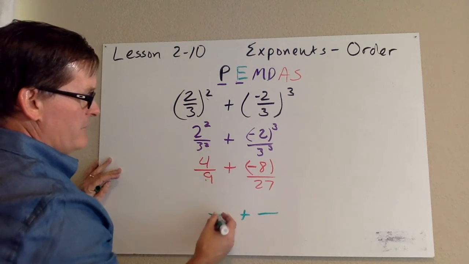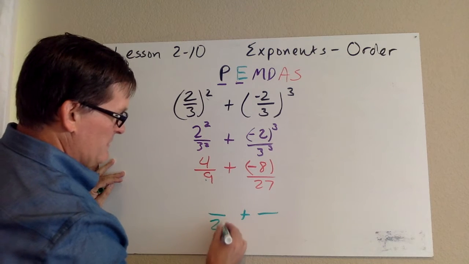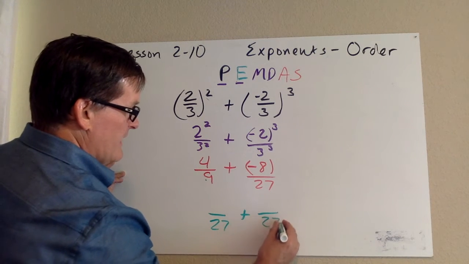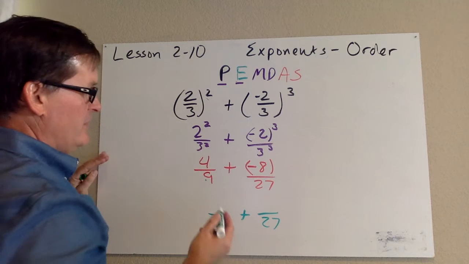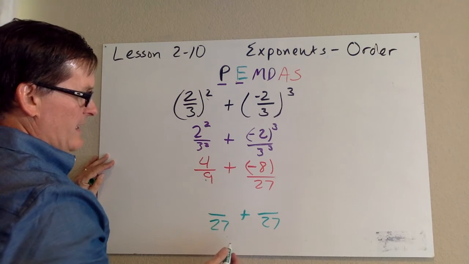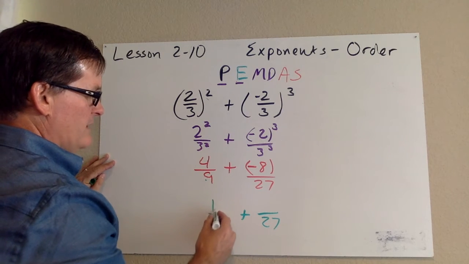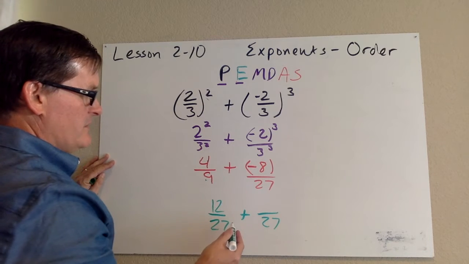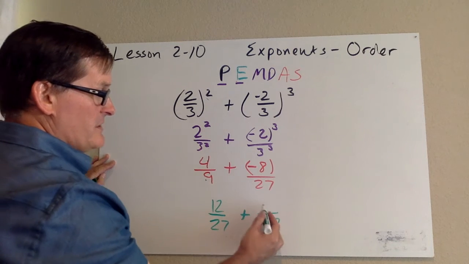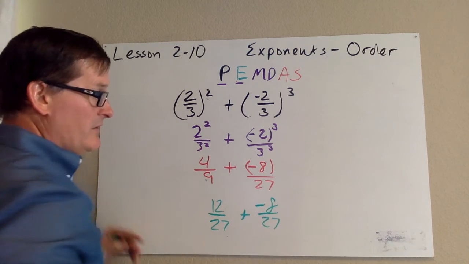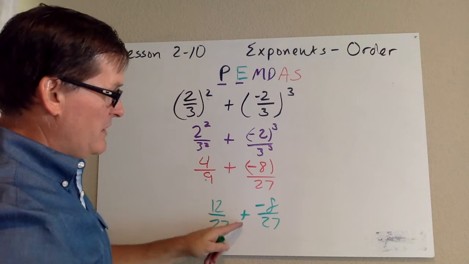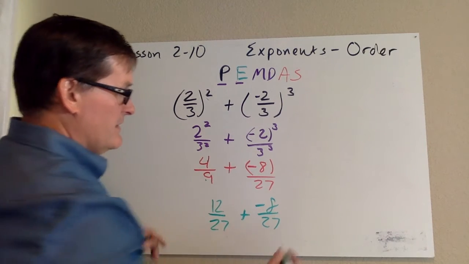The common denominator between 9 and 27 happens to be 27, because 9 times 3 is 27, so it works out good. Since we multiplied 9 times 3 to get the bottom, we have to multiply the top by 3 also. 4 times 3 is 12. This one we didn't change the bottom, so we don't change the top either. So it's 12 27ths plus a -8 27ths.